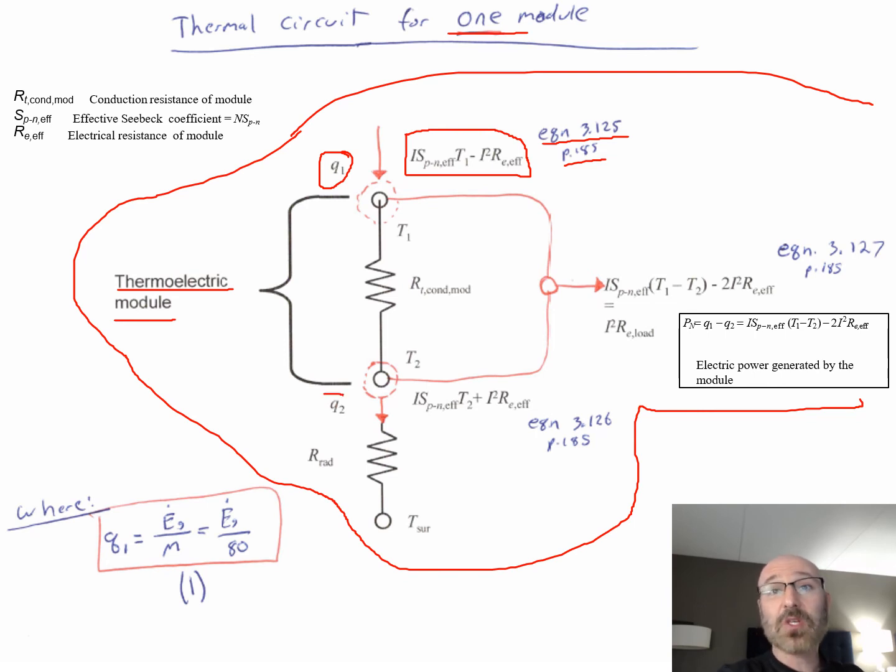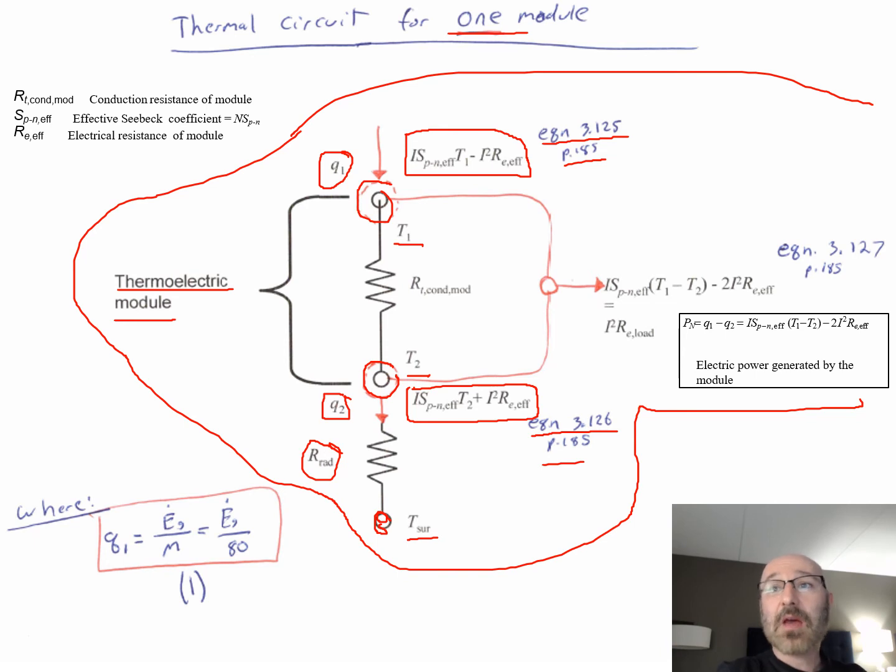We have the same for Q2, from equation 3.126 on page 185. Up here there's our Q1 coming in, our temperature 1, our Q2 coming out, our temperature 2. There's our resistance from radiation going down to the temperature of our surroundings.